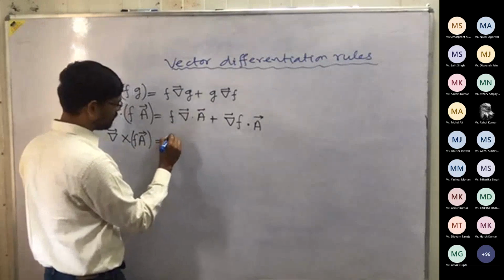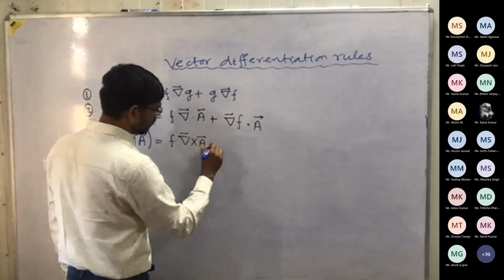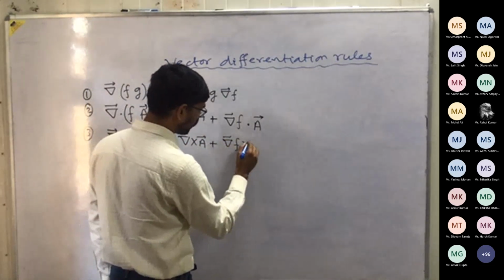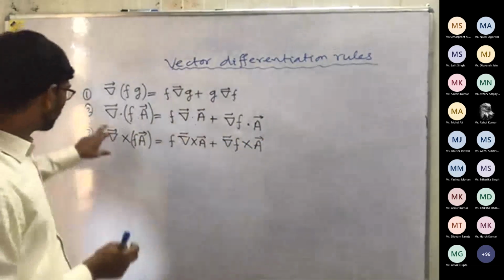F will be outside and then curl A plus grad f cross A. These two are very similar.